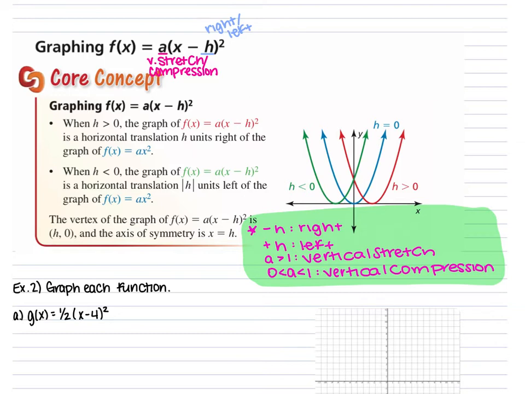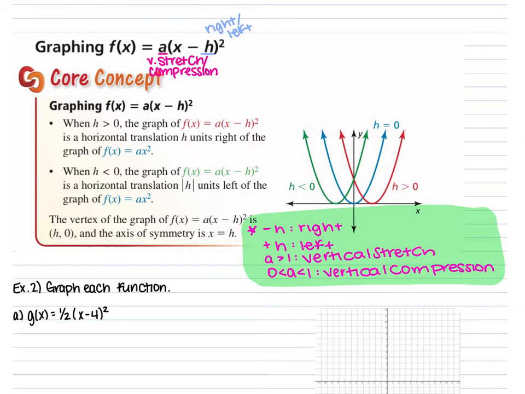So it's either going left or right. If it's minus h, you want to think opposite. The opposite of negative is positive. On a number line, the positive numbers are on the right, so it would be going to the right. If it was x plus h, that h would then be opposite of the positive, which would be negative. The numbers on the number line that are negative are to the left of 0, so that would be going to the left that many units.